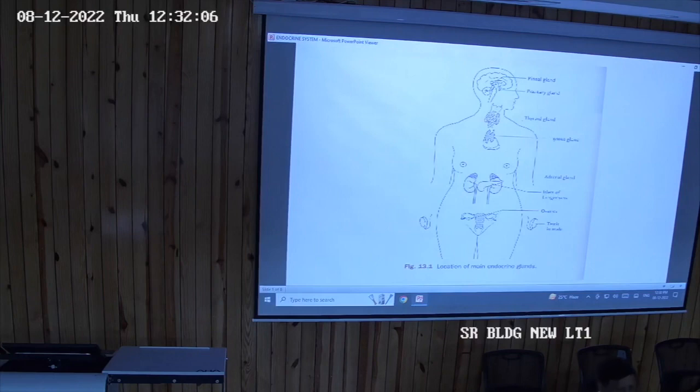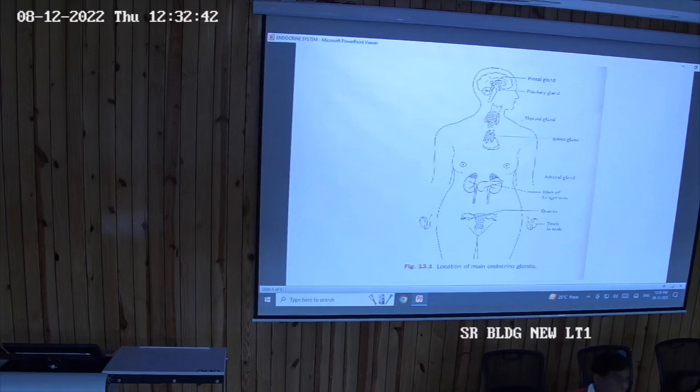I hope you all know the example. I need not say it. Just the reverse of this. One is gigantism, which is abnormal growth of the long bones before the fusion of the epiphysis. All right, now the epiphysis is fused, but some persons have very high growth of the head region, hands, feet.